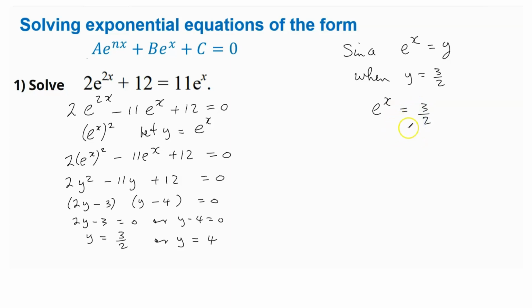Here we can write this in log form with base e. Therefore, we can have x equals log 3 over 2 base e, or you can simply just write ln 3 over 2 divided by ln e.